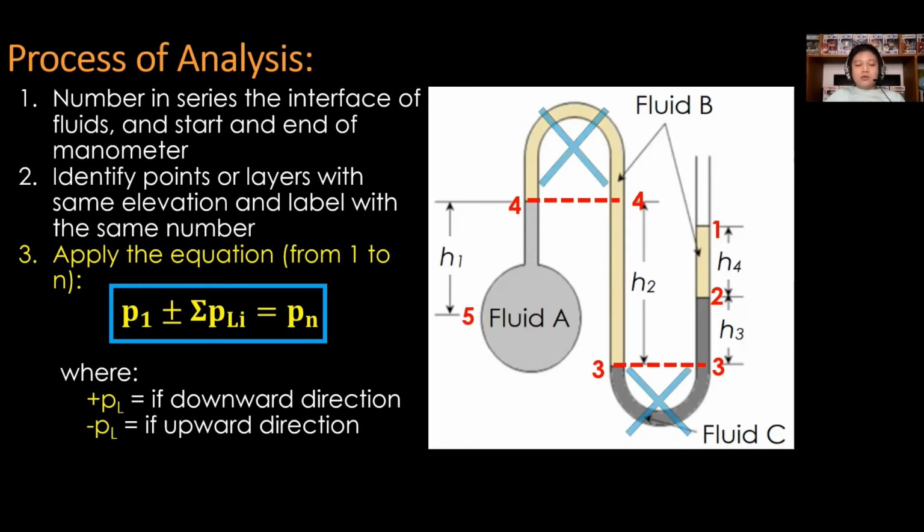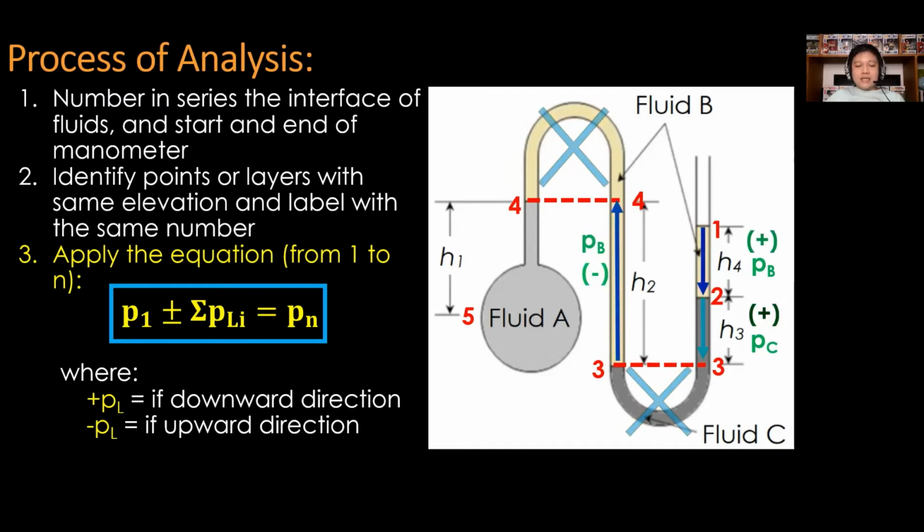So apply now and start at point 1. So from 1 to 2, the direction is downward. Therefore, it is positive. Next, from 2 to 3, the direction is downward. Therefore, still that is positive. Next, transfer to point 3 at the other leg of the manometer. Then, 3 to 4, the direction is upward.